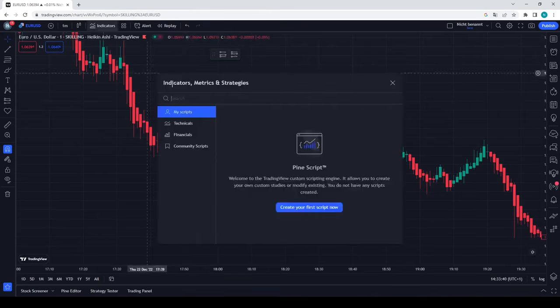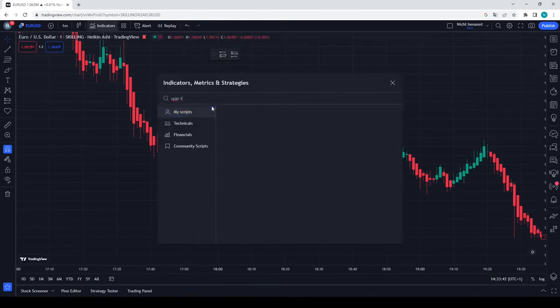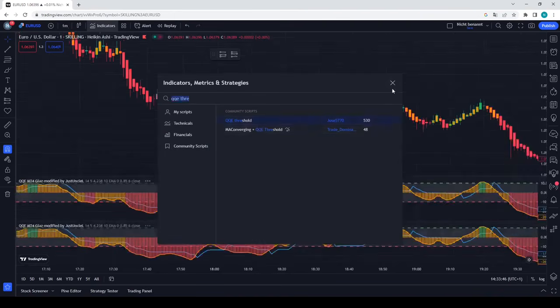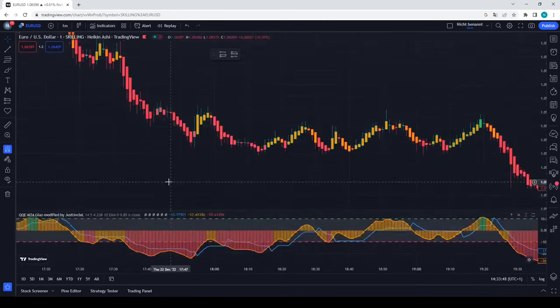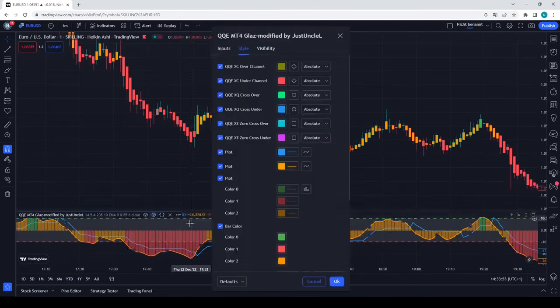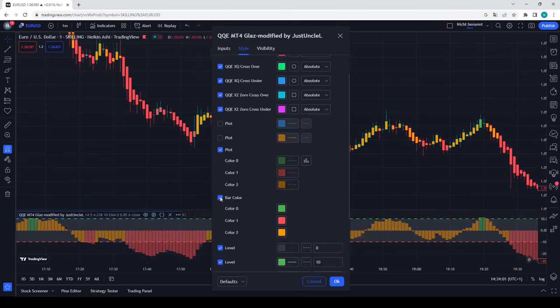The first indicator that we need is the QQE threshold indicator by Jose5770. Sorry, I typed it in twice, we only need it once. Let's make some changes in the settings. At the inputs, we want to uncheck these two plots as well as the bar color.